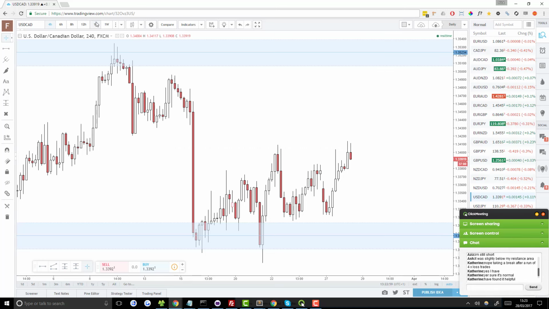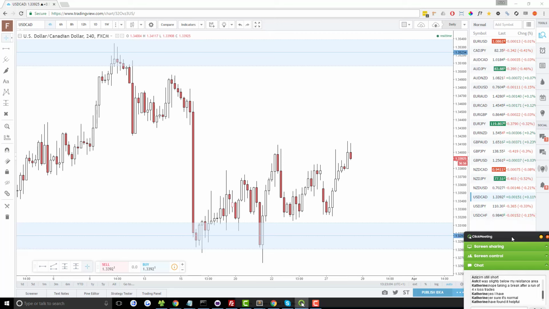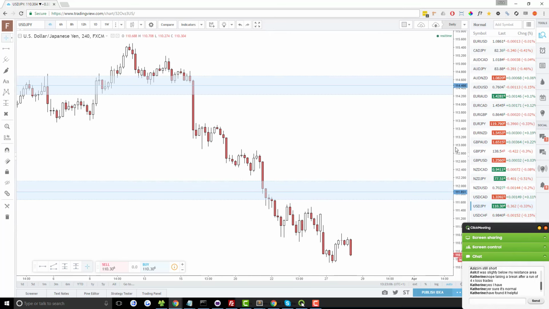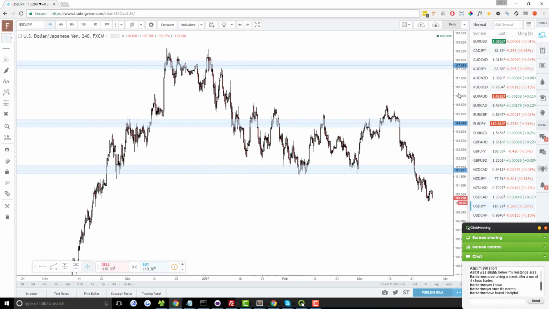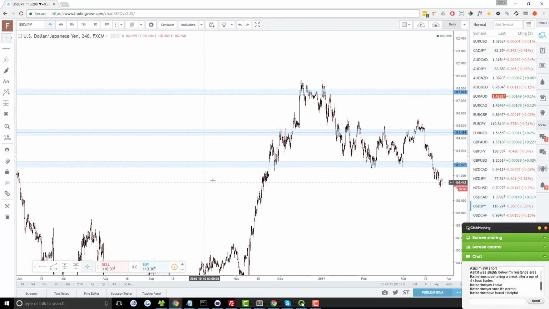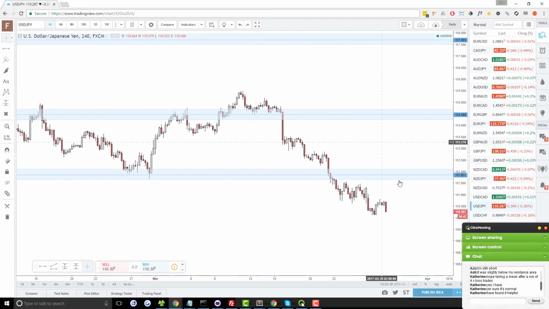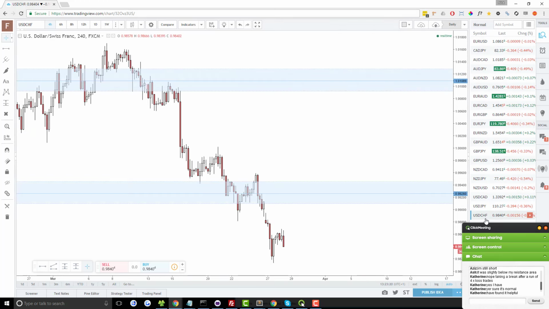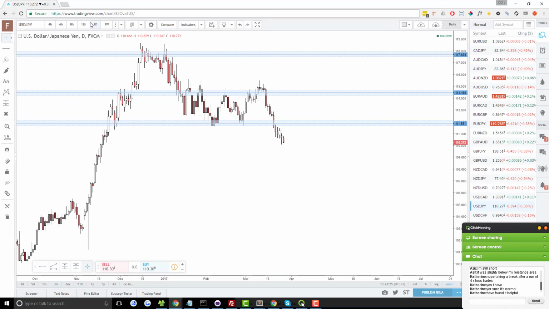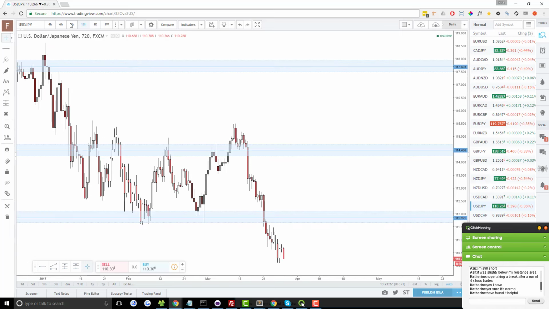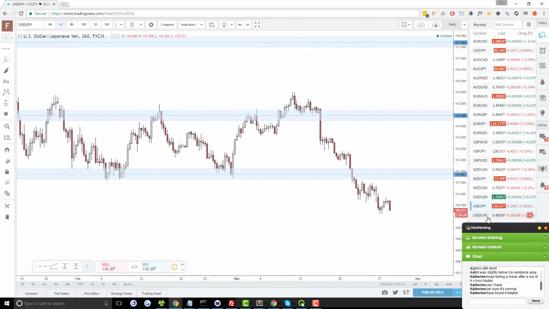USDCAD. USDJPY is making new lows, and I don't have support resistance areas down here. I'll have to place them later, but there's no tradable setup there anyway. I was looking at the 4 hour, I just want to look at it on all time frames. Yeah, there's nothing really tradable here.